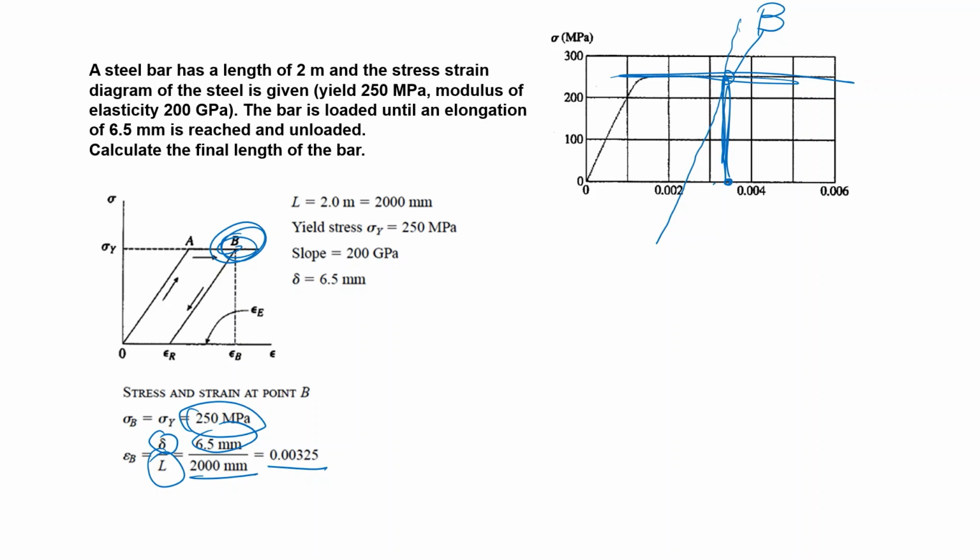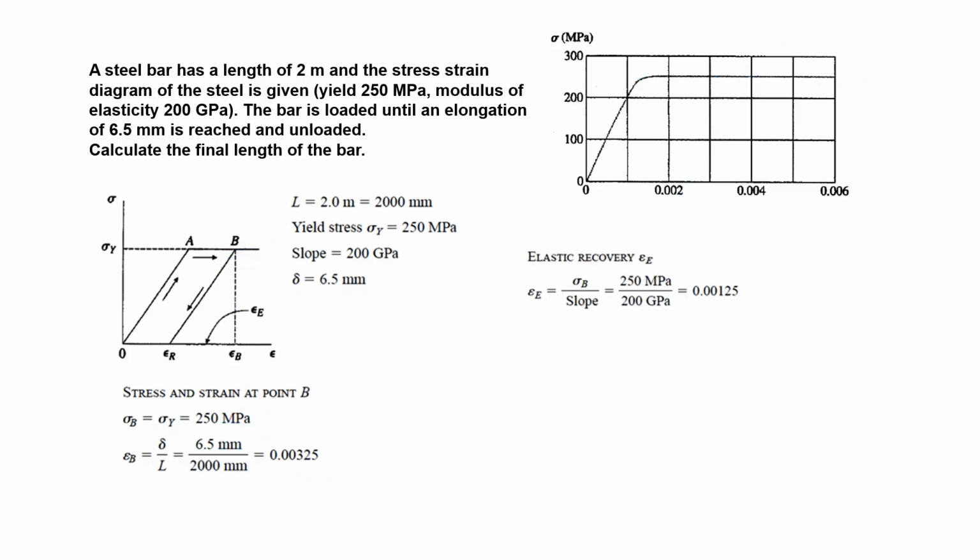When you unload, you will get an elastic part which is released. Now, the elastic recovery for unloading is this recovery, that is 250 divided by 200.